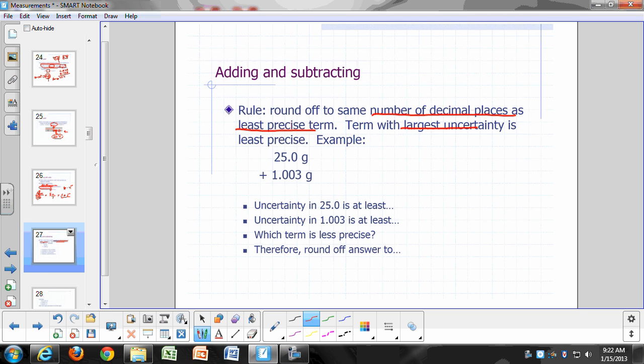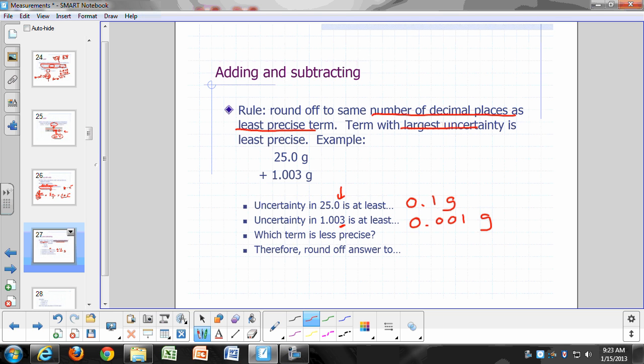So for example, let's see what happens if you add 25.0 grams and 1.003 grams. In 25.0, the uncertainty is in the tenths place, so the uncertainty is at least 0.1 gram. In 1.003, the last significant digit is in the thousandths place, the third decimal place, so the uncertainty is at least 0.001 gram, one unit in the last decimal place.